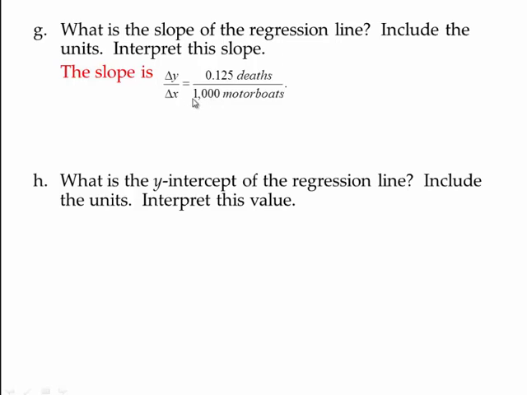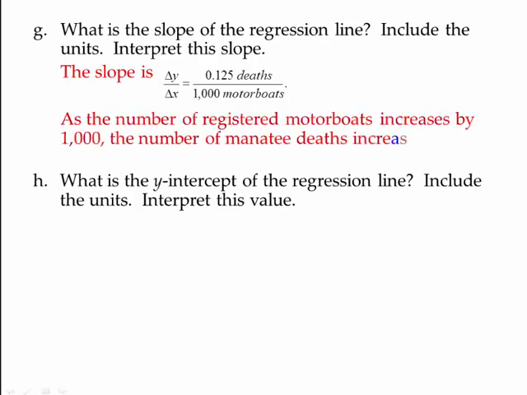So the change in x is 1 unit, which the units in this case is 1,000 motorboats. To interpret this slope, we would say, as the number of registered motorboats increases by 1,000, the number of manatee deaths increases by 0.125 deaths.